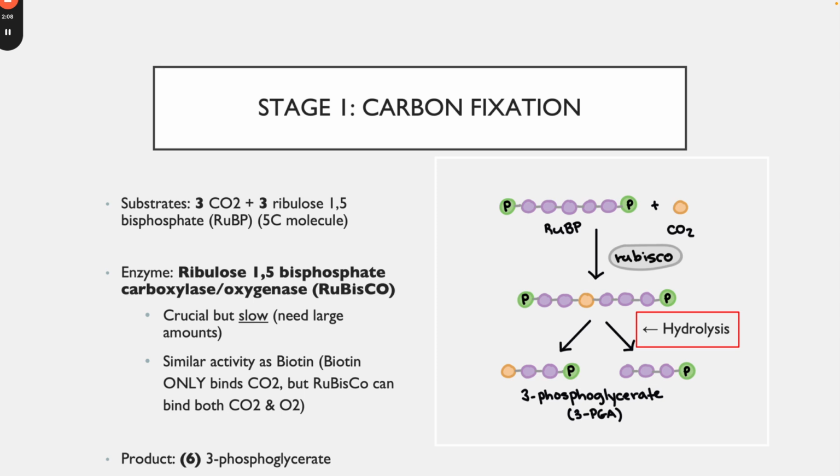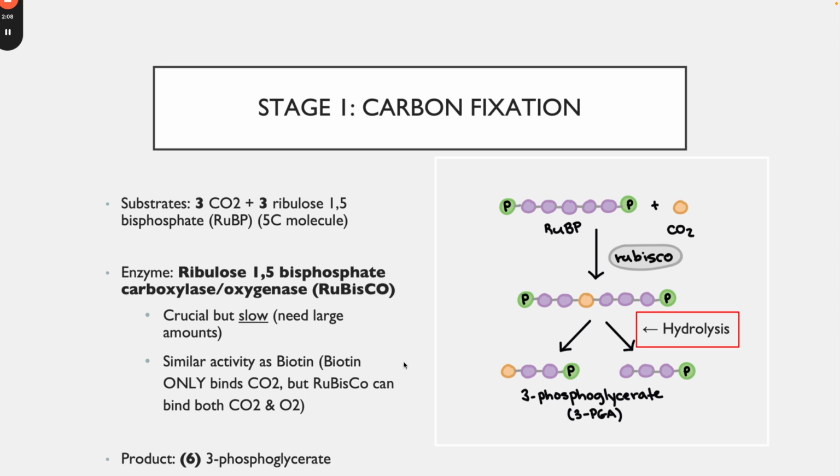So that's like the compensatory mechanism, if that makes sense. And it's similar in activity to biotin, except biotin will carboxylate. But it's not the same because biotin only binds to CO2, but rubisco can bind to CO2 and O2. And you guys know about O2, which is the C3, C4, CAM, photorespiration. We'll go into that, but that's one thing to know, why it uses O2.